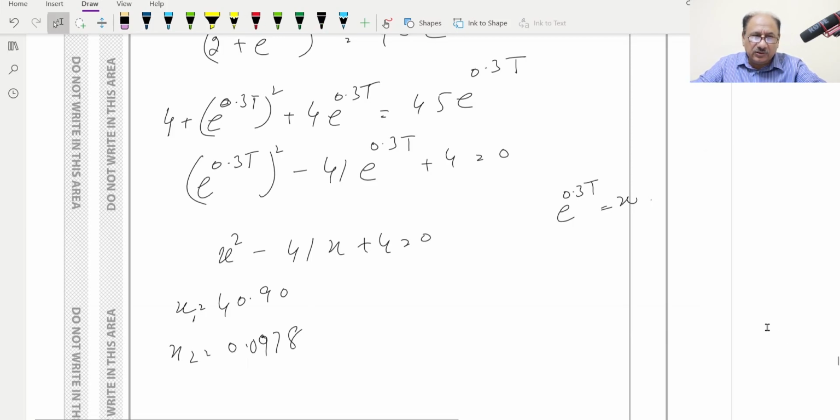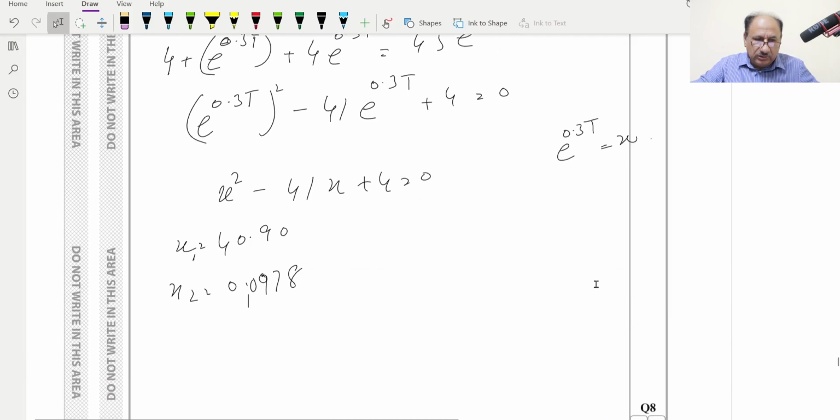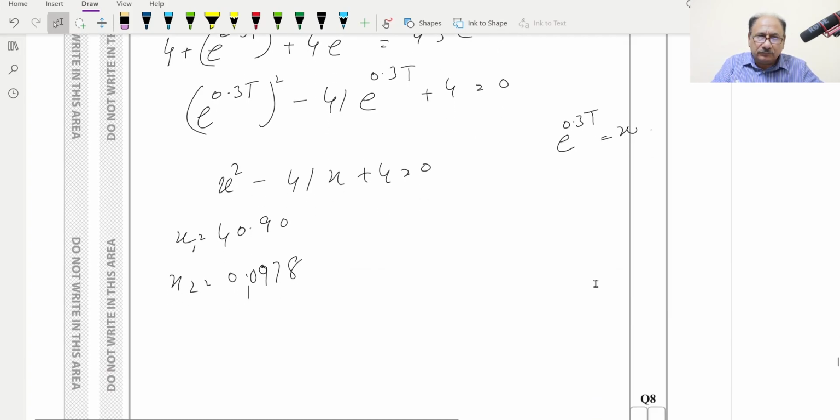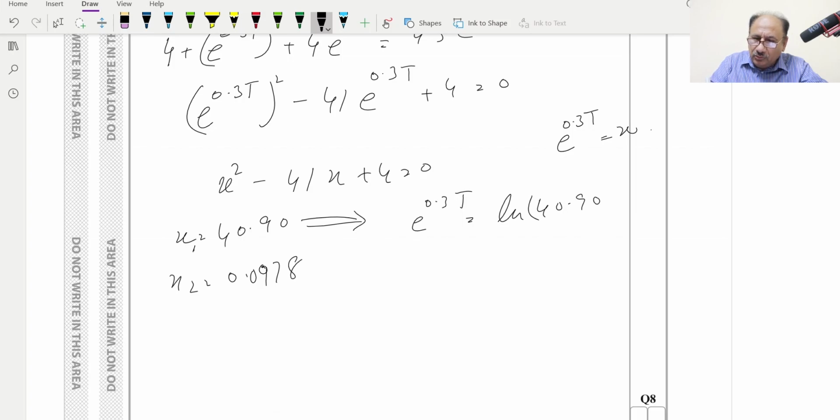And the next thing is basically this x, we can take the positive value. So this implies e raised to 0.3 capital T is equal to log of 40.90.